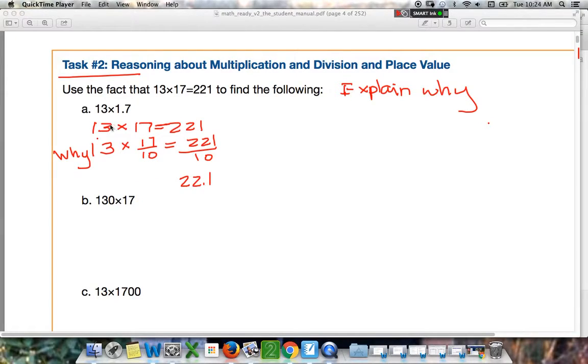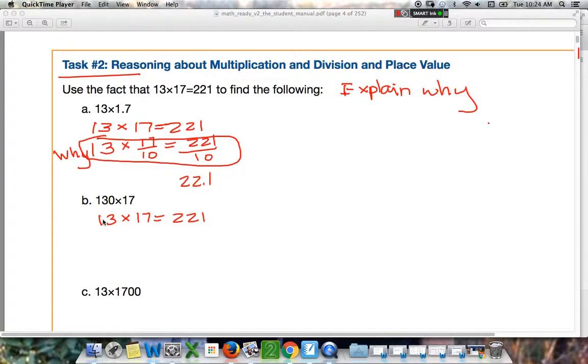Most of you are going to know that if this decimal place moves 1 to the left, then this decimal place would move 1 to the left. But this is the reason why that is. Same thing with 13 times 17. If you do 130 times 17, 13 times 17 is 221.